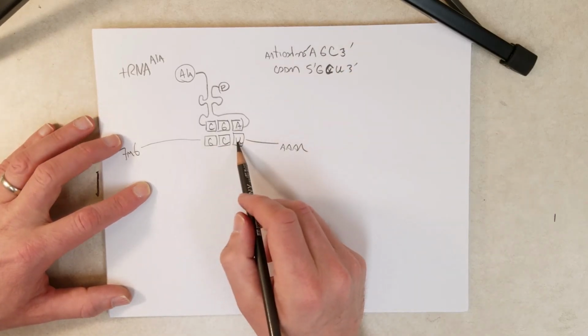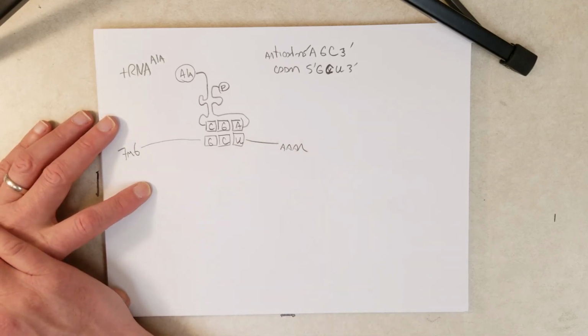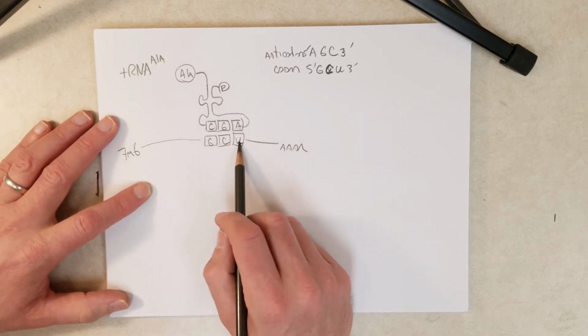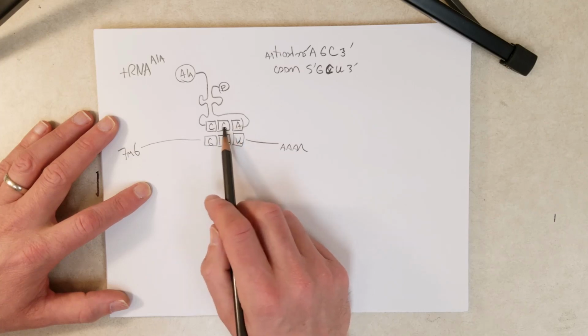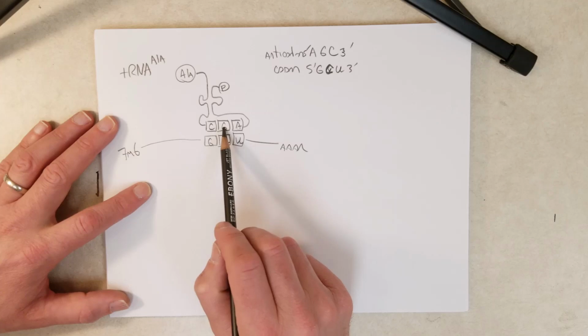Now, GCU specifies alanine. If you go to a table of the genetic code, you should see GCU specifies alanine. So it makes sense that this tRNA alanine has the anticodon AGC that would match here.